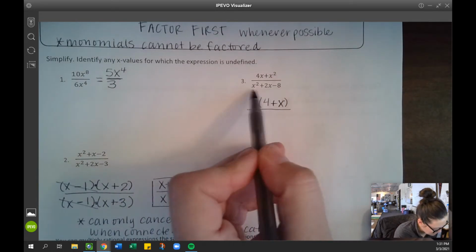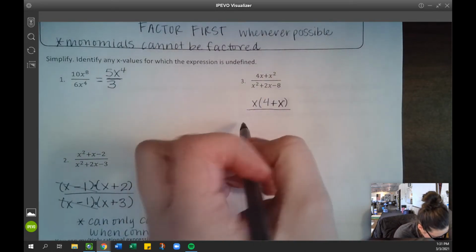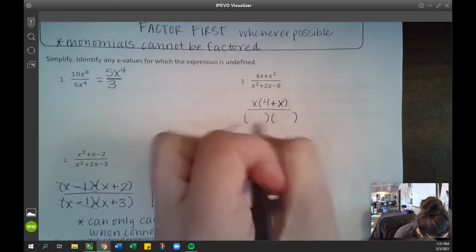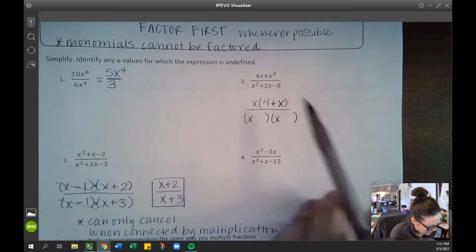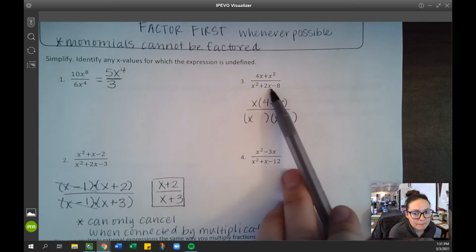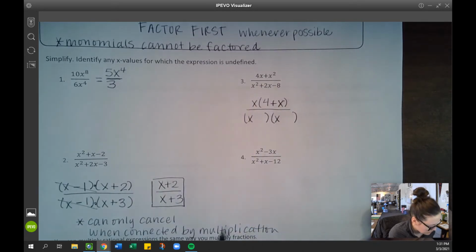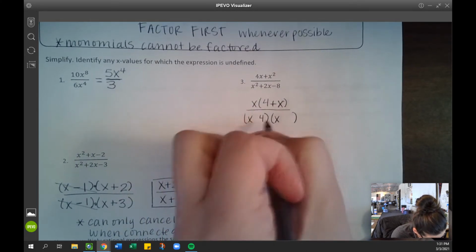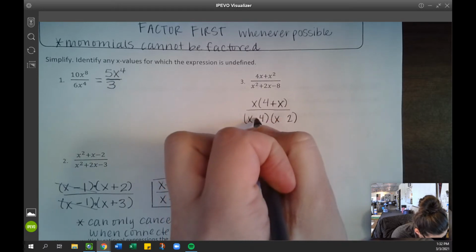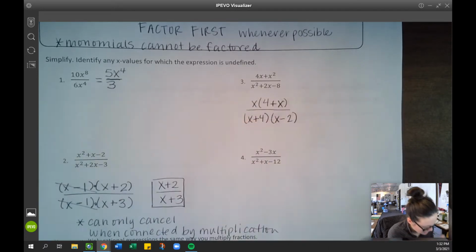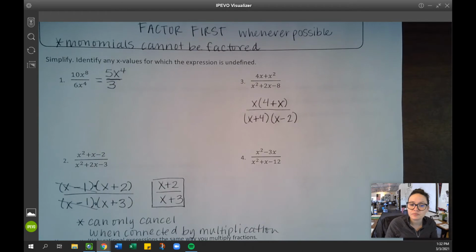All right, on the bottom, x squared plus 2x minus 8. So I'm going to have x and x, and I need something that multiplies to negative 8 and adds to 2. So that is 4 and 2, with a plus 4 and a minus 2.